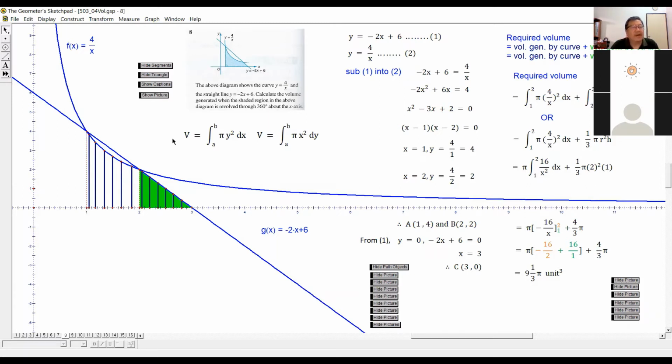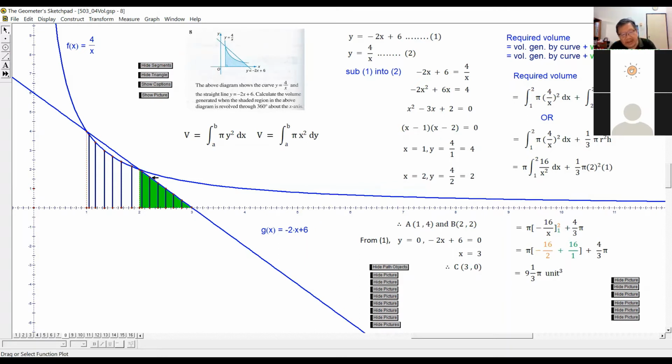Okay, right. So if we are going to find the volume generated, you have to find them separately, because if you want to integrate by y squared dx, you can only find this white color part. The green color part is under the straight line.